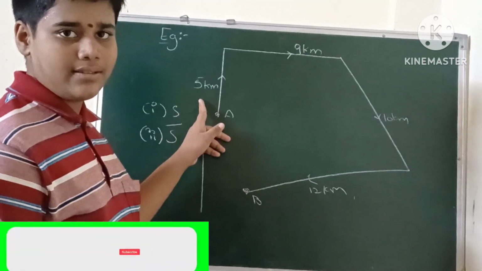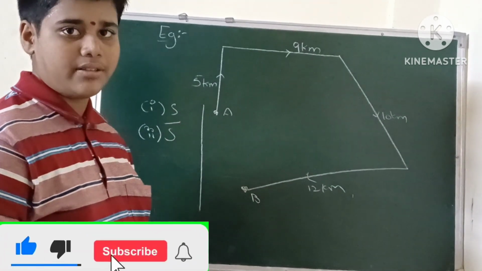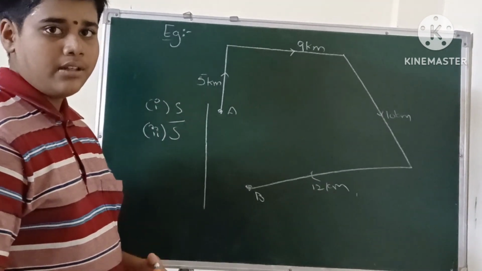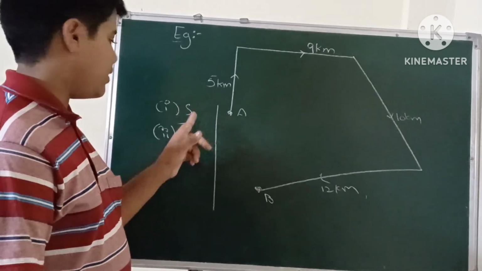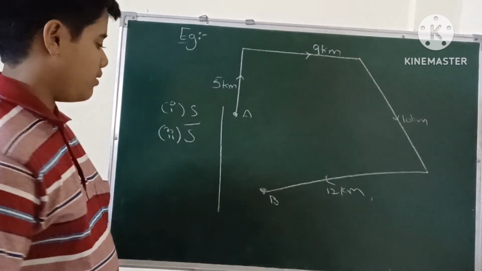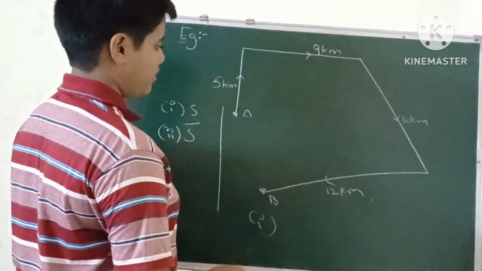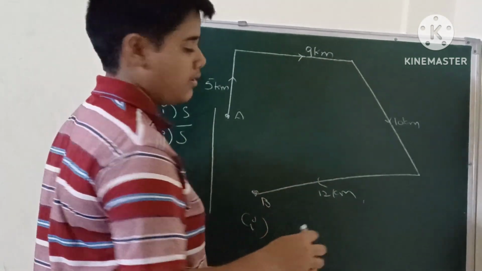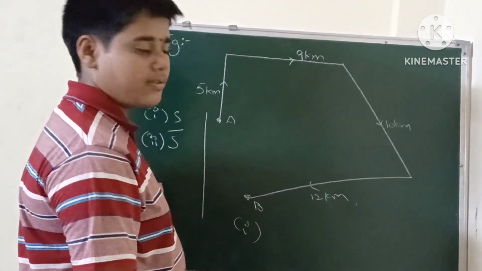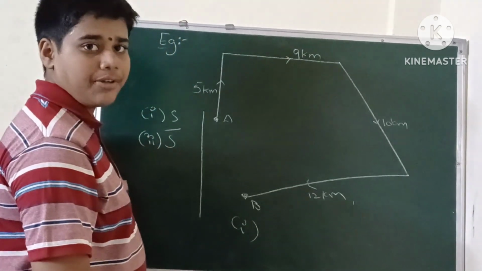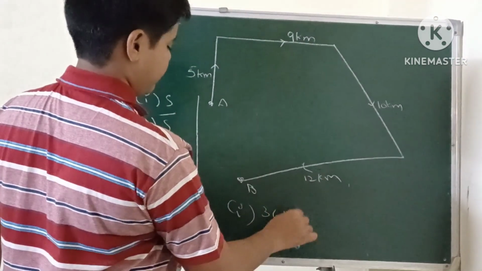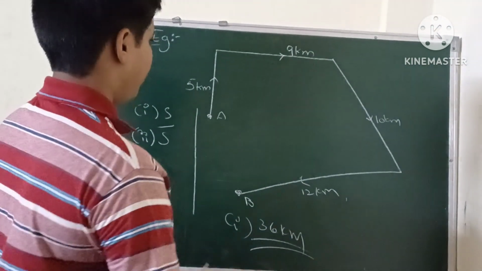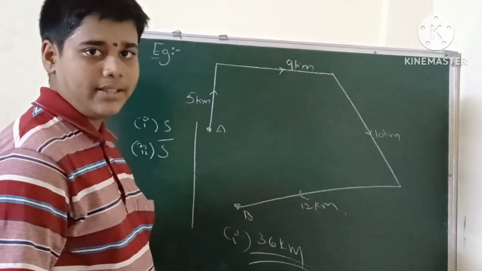Here S means distance, S bar means displacement, because distance with direction means displacement, and distance with magnitude only means distance. First, distance: 5 kilometers plus 9 kilometers is 14 kilometers, plus 10 kilometers is 24 kilometers, plus 12 kilometers is 36 kilometers. So this is the distance. We have to add the values of these kilometers.